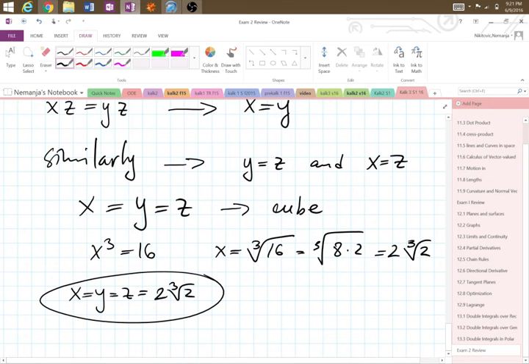In the application, you only get one answer. So that's how it is managed.